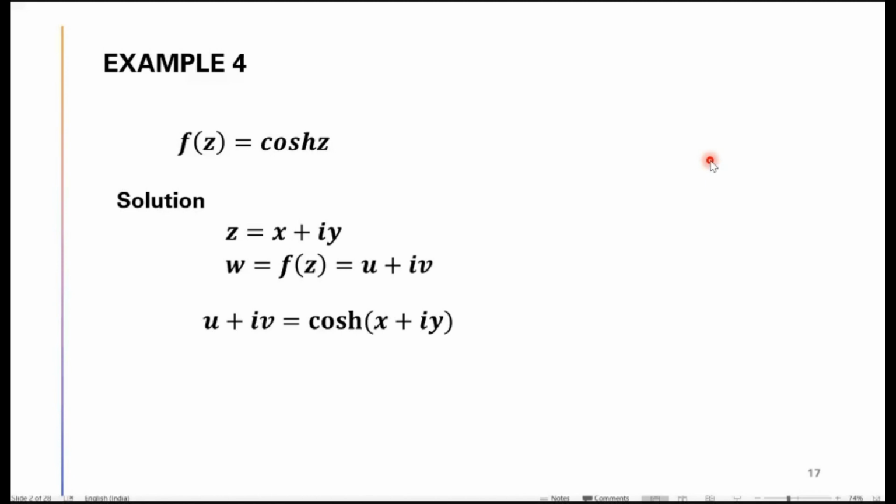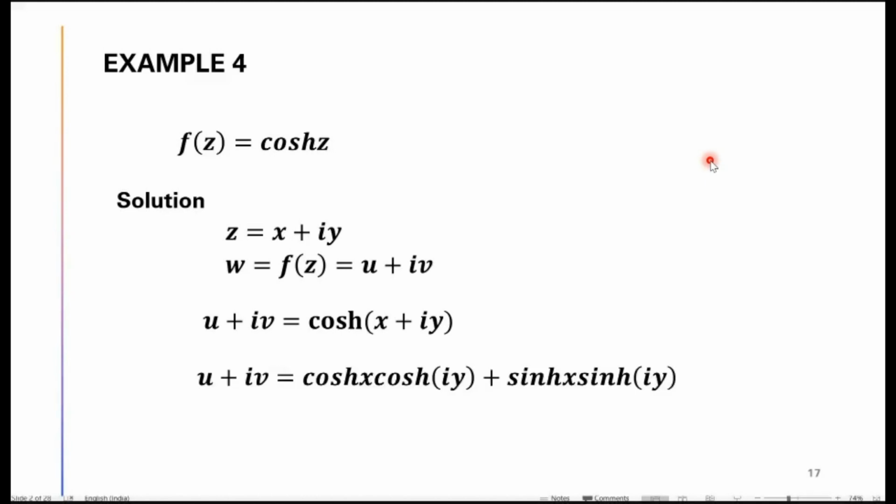Yes, two sine functions are coming, so the sign changes. So cos h of a plus b will be cos ha cos hb plus sin ha sin hb, because two sine functions come in the cos formula, so when we convert to hyperbolic functions there will be a sign change. The minus in the middle of the cos formula becomes plus here. Okay, cos hx cos hi y plus sin hx sin hi y, just like the previous problem. So what is cos hi y? It is cos y. Similarly, sin hi y is i sin y.